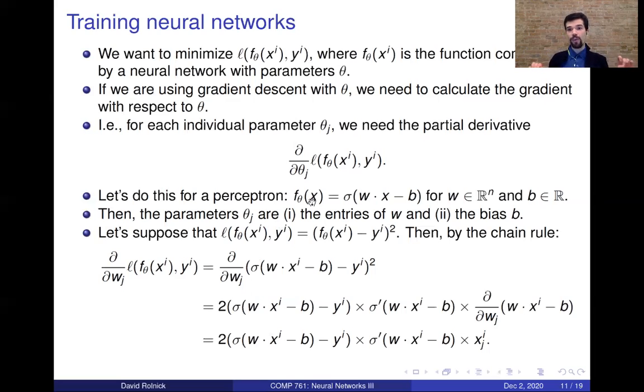OK, so that is how we would calculate the gradient for a single parameter of the network, how that parameter affects the output. Sorry, the derivative of the loss with respect to a particular parameter. The gradient is composed of those partial derivatives.